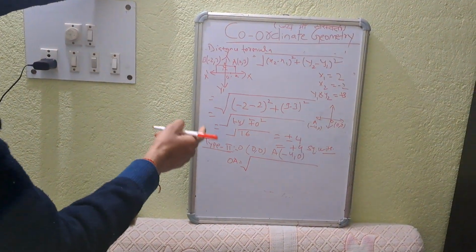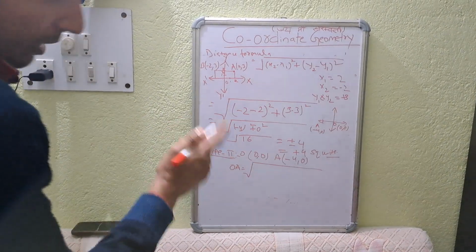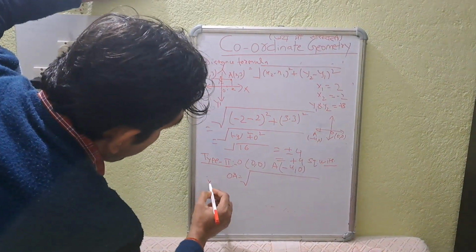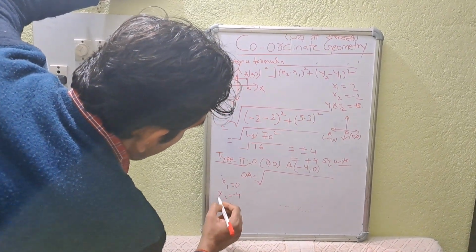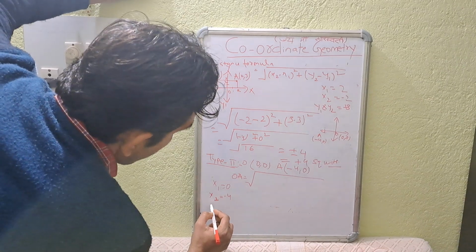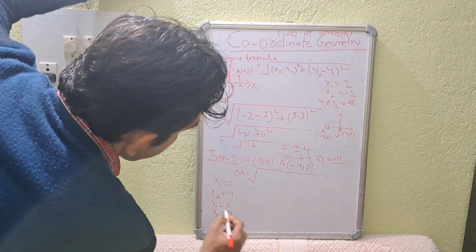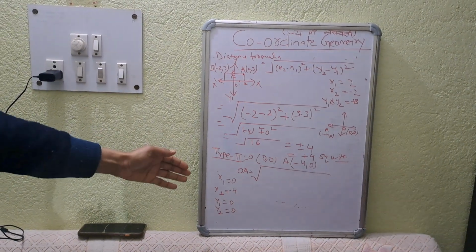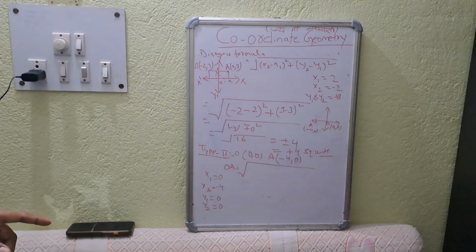Prior to applying it, we will define x1, x2, y1, y2. So x1 will be equal to 0, x2 will be equal to minus 4, then y1 will be equal to 0 and y2 will be equal to 0. Understood? So we have got all the points x1, x2, y1, y2.